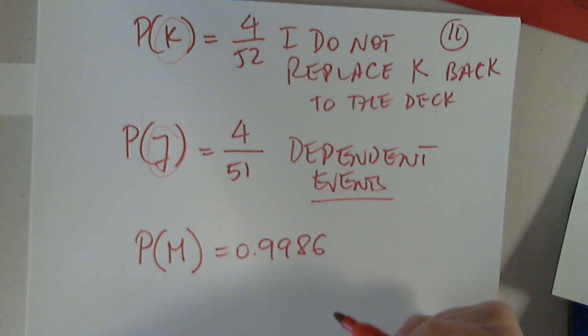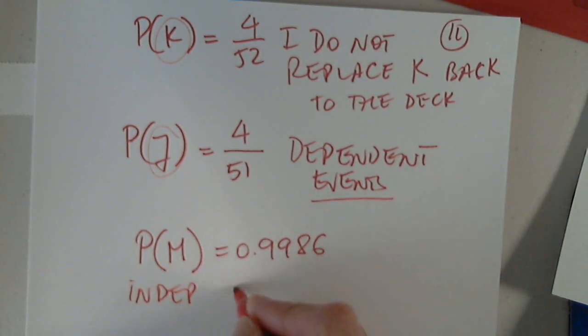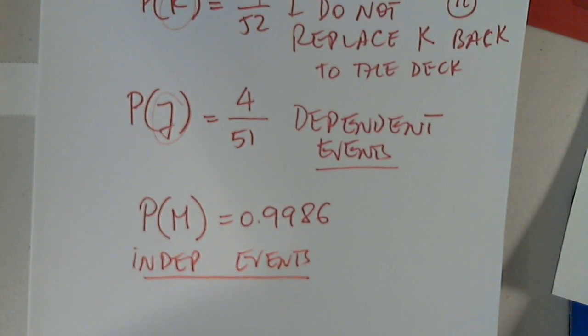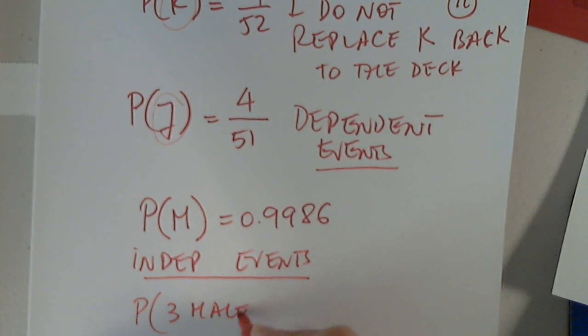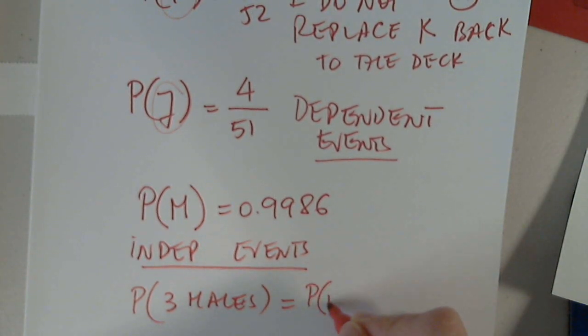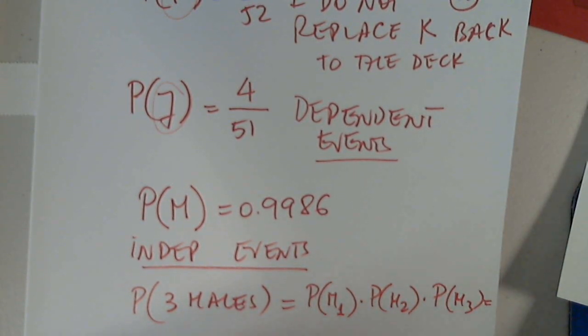So because events are independent, the probability of 3 males will survive this year will be the probability of male 1 times the probability of the second one times the probability of the third one. All I have to do is multiply 0.9986 times 0.9986 times 0.9986.